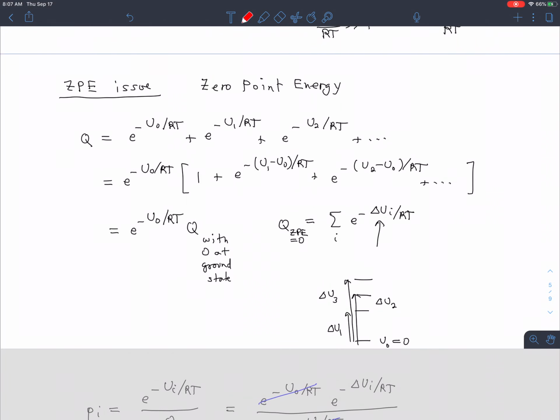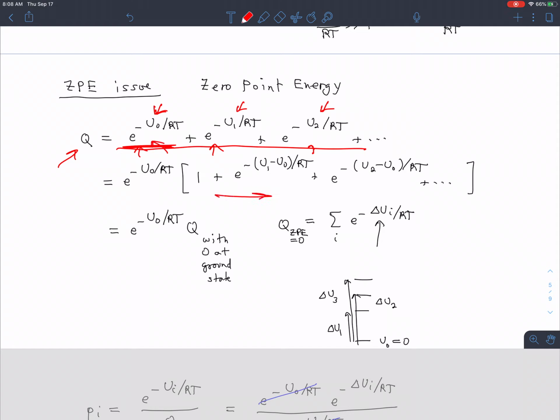All right, let's come to this zero-point energy term. I haven't actually systematically explained this in the past, and I'm not sure how helpful it is to say something about it at this point, but let me just do so anyway. The partition function is always given by the sum of all these exponential factors, with each energy in turn appearing as you sum over all the possible energy states. And if the energy of the ground state is not 0, then this first term isn't necessarily a 1, but I can always factor out an exponential from all the other terms.